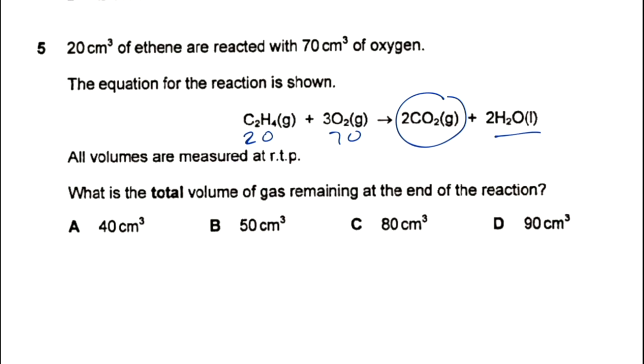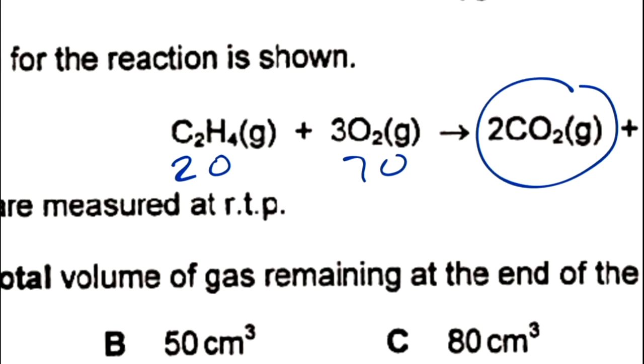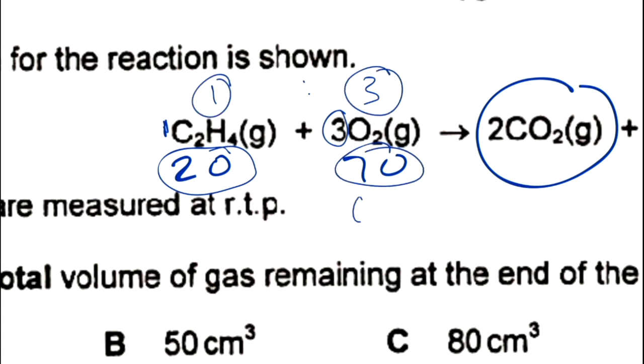Let's take a look here. This equation tells me that the ratio between ethene and oxygen is 1:3, because it is 1 and this one is 3. So if I have 20 of this, do I need 70? Don't need, because the ratio is 1:3. That means I only need 60 cube.